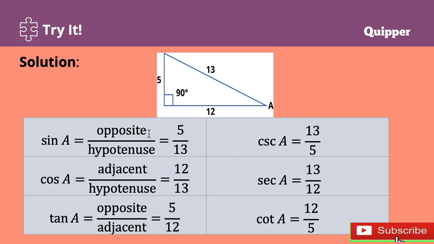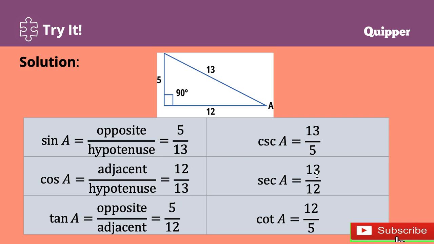Now, after finding these three major trigonometric ratios, we can find the other three. The cosecant is just the reciprocal of the sine, so just get the reciprocal of 5 over 13. That is why we have 13 over 5. For the secant, that is just the reciprocal of the cosine, so take the reciprocal of 12 over 13.